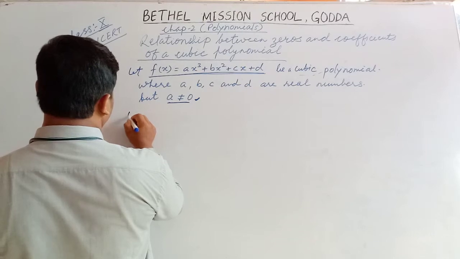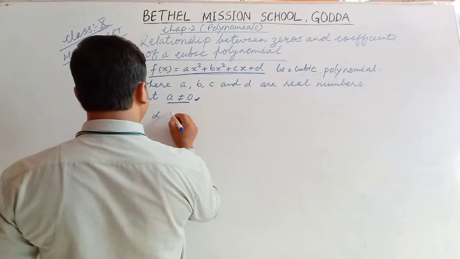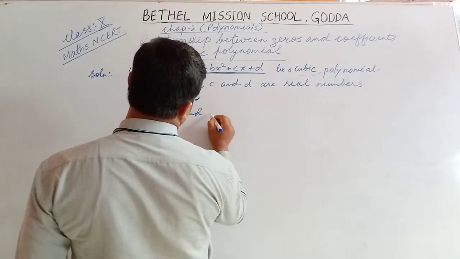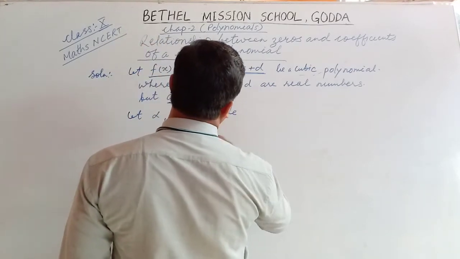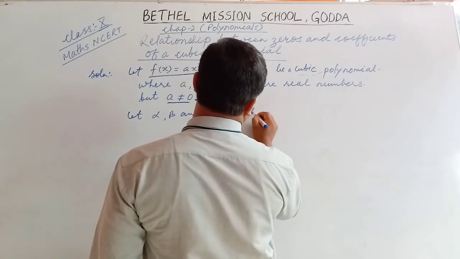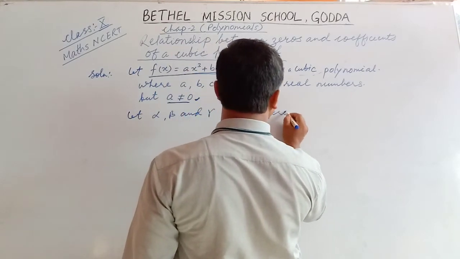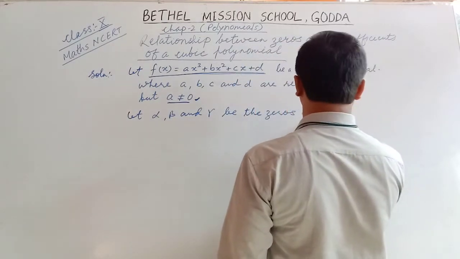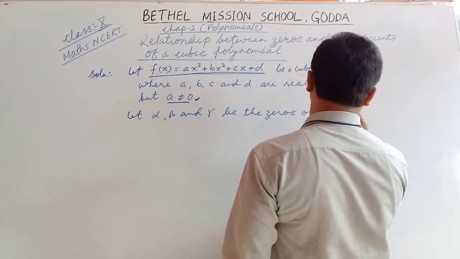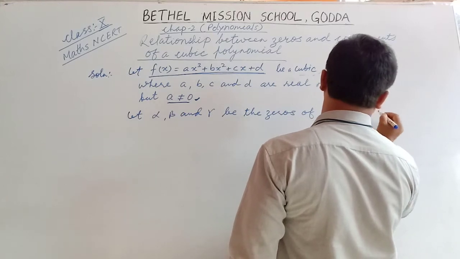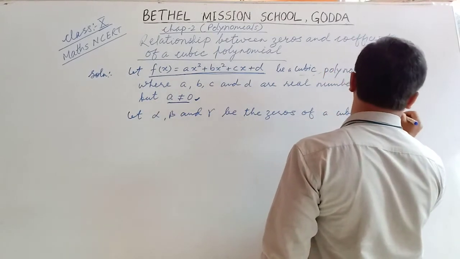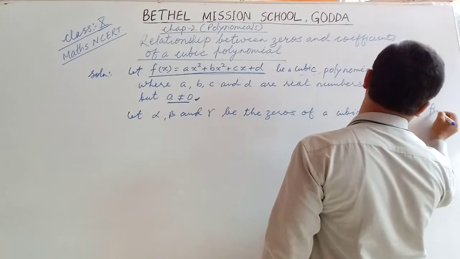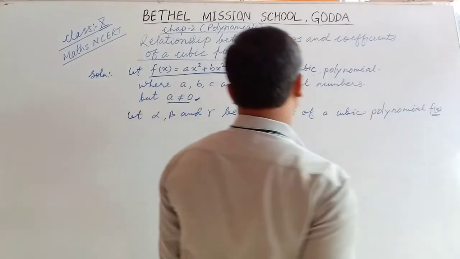Now let alpha, beta and gamma be the zeros of the cubic polynomial f(x).